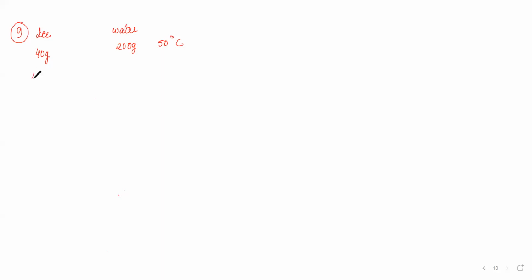Let the final temperature of the mixture be T degrees Celsius. Okay, and then what we'll be calculating, see here, I'll just write down in draft. The ice at 0 degree will be converted to water at 0 degree, and this will be converted to water at T degrees Celsius.